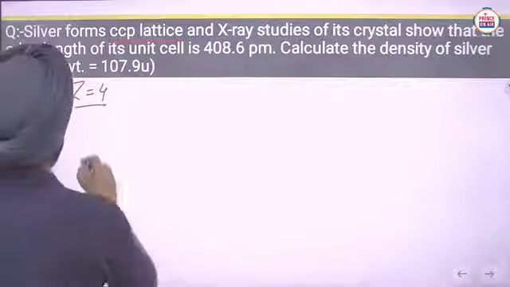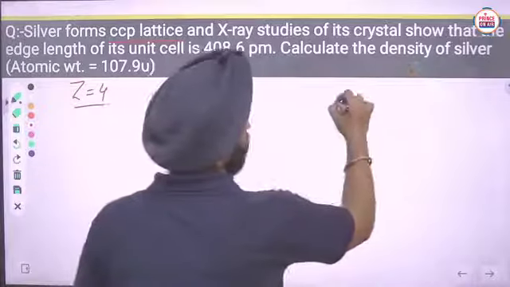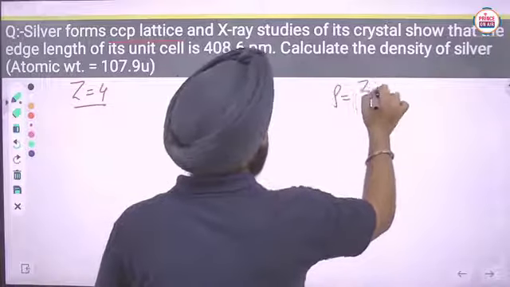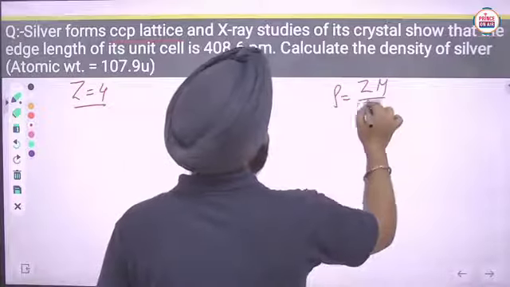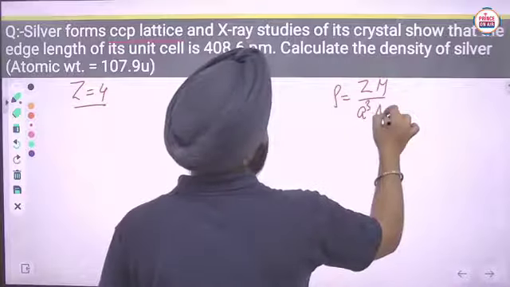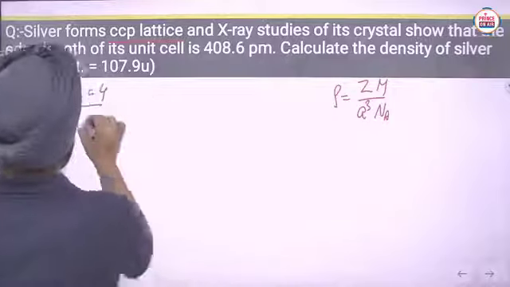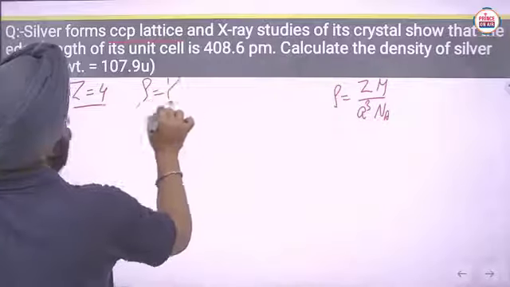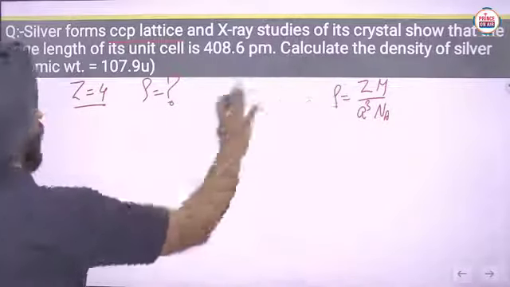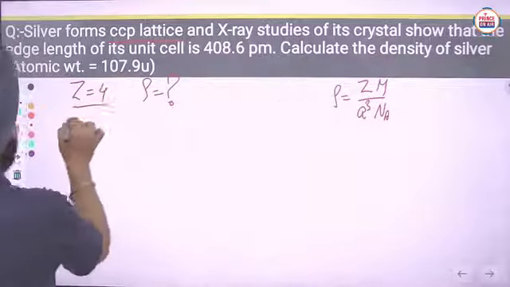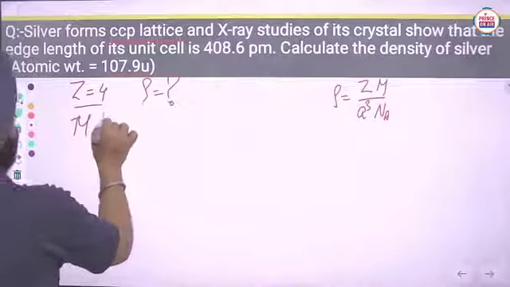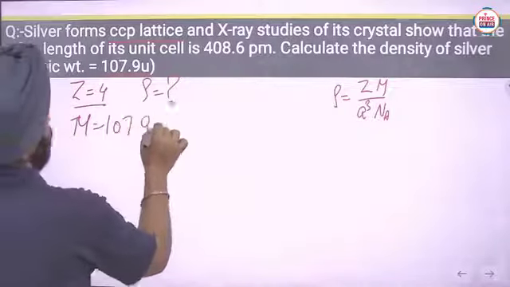Okay, then firstly you can write that formula: rho is equal to Z M upon A cube into Na. So rho is what we have to calculate. Z is 4, given M atomic mass is 107.9 units.